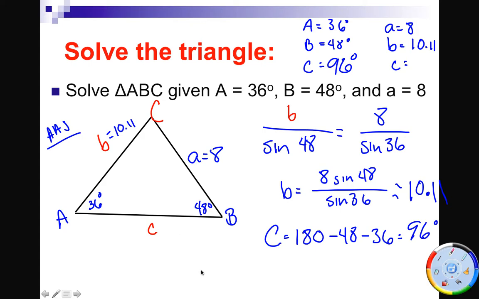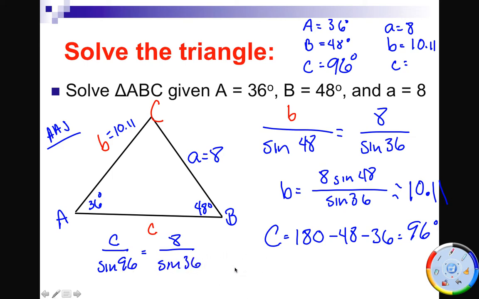Now here's where things are really up to you, but not really up to you. Do not use the 10.11 as part of your next calculation. Because 10.11 is rounded, your answer for c will be incorrect. So what we want to do is say little c over the sine of 96 is equal to 8 over the sine of 36.